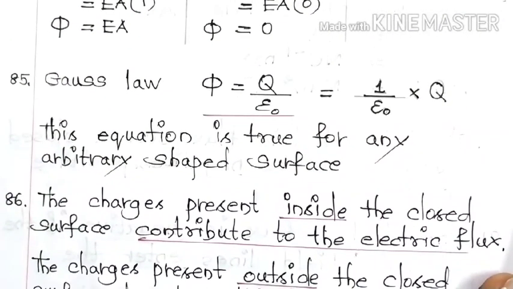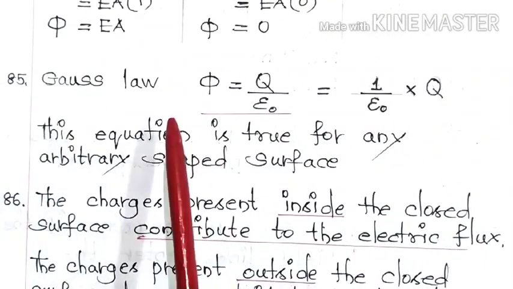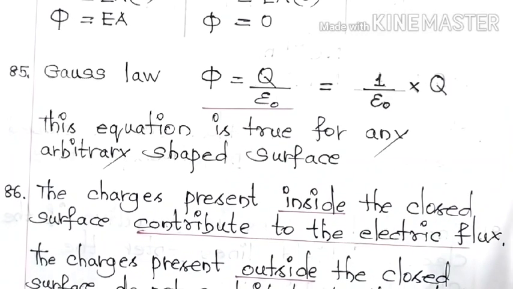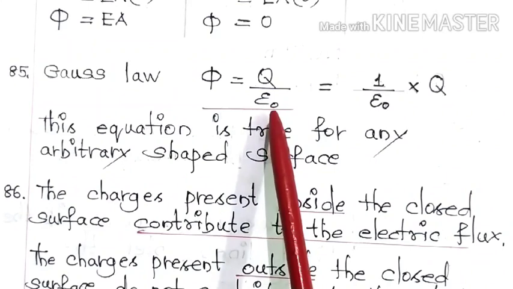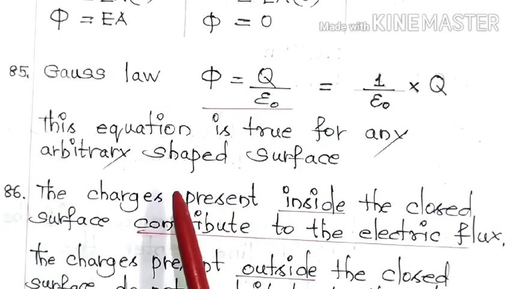Now next point is Gauss law. This is the expression for Gauss law. Phi is equal to Q by epsilon naught. What does it mean?